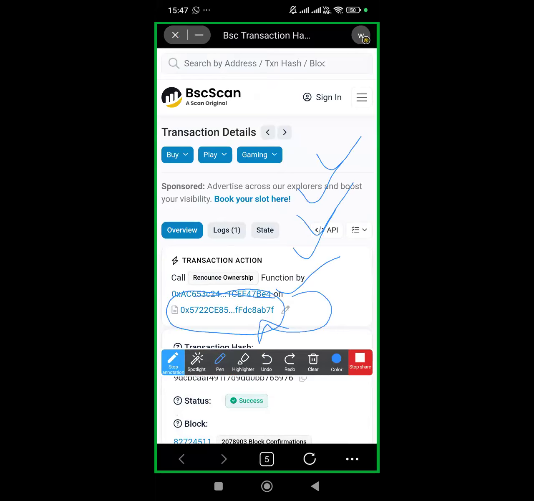So now we have verified that the creator transferred to B7F. B7F is transferred to the null address. Ownership renounced. It proves that they're not just talking as many companies talk. They prove that the ownership is really renounced.